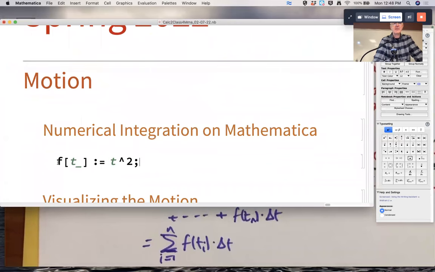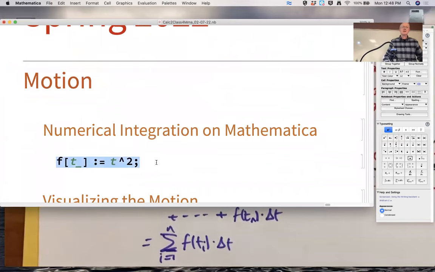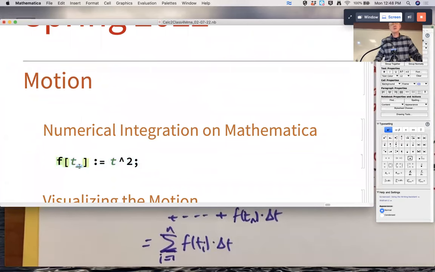When you're first defining a function, little f, you need to put an underscore after the variable name. Also notice you're using square brackets, not parentheses, around the t. You need to use an underscore, and then don't use an underscore after that point. Otherwise, things will go wrong.